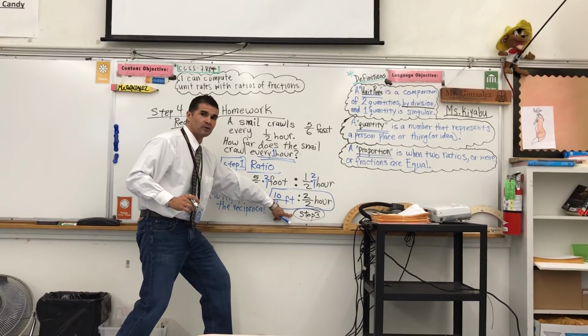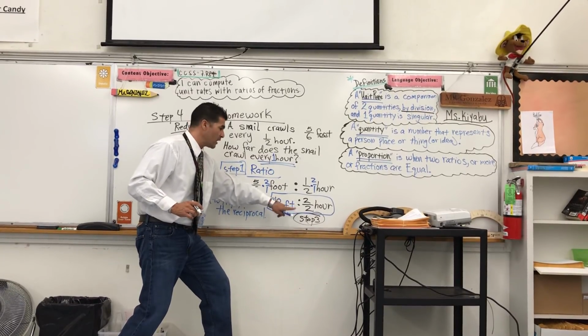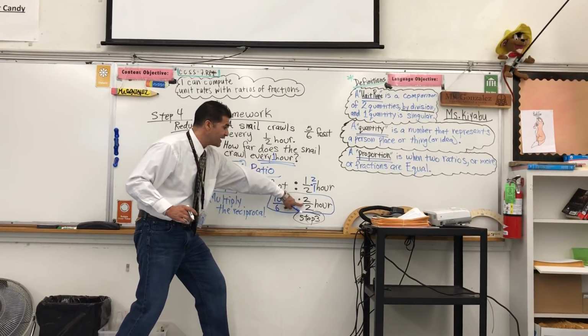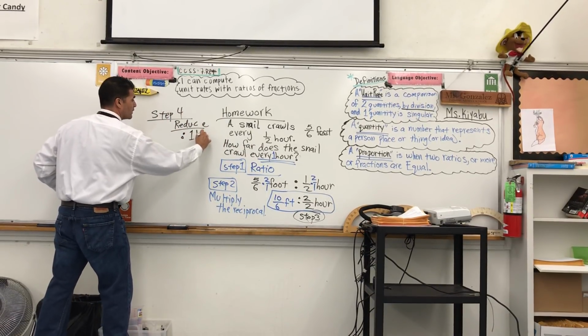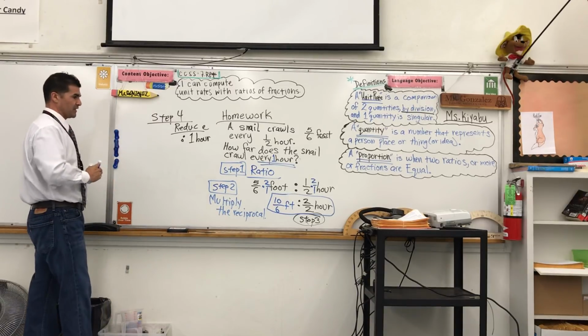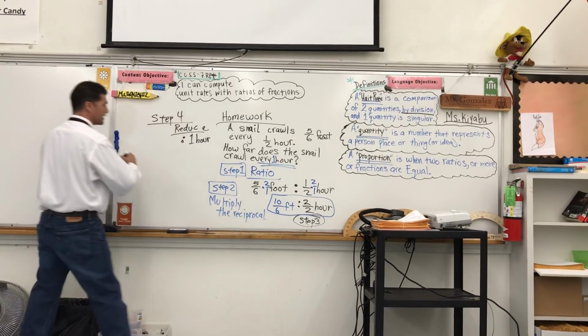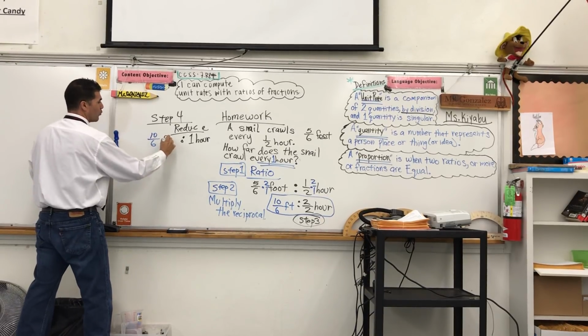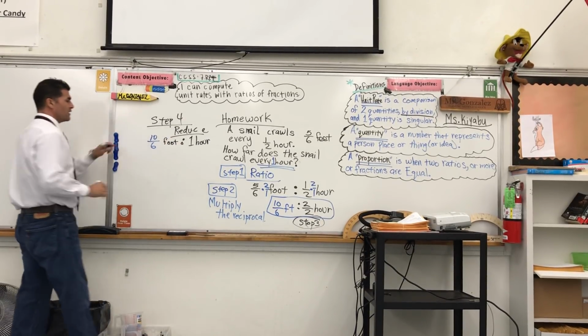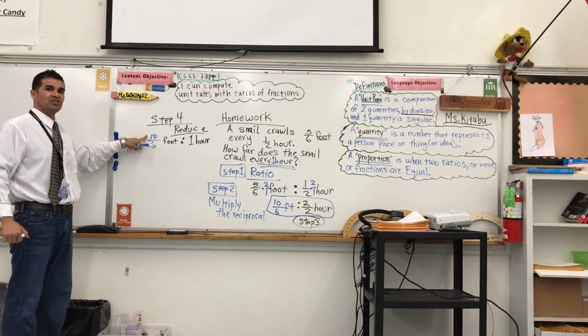Step 3 in your notebook should have been in today's warm-up. Find the unit quantity. 2 over 2. This is 1 hour. So you found the unit quantity. Now let's reduce 10 over 6 feet. What numbers can you divide? Well, we've been planning to use the GCF.